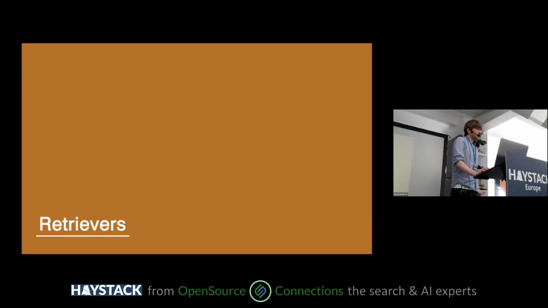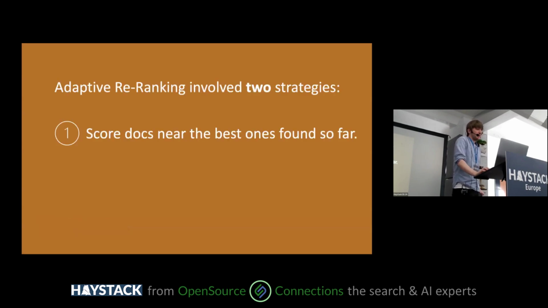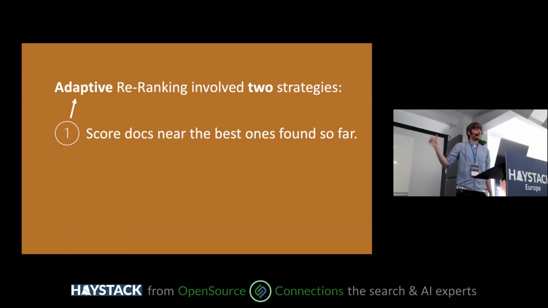Okay, let's go on to retrievers. Let's talk about retriever models. So the adaptive approach that I was talking about up to this point actually involves two strategies. We focused mostly on this first part, so scoring documents near the best ones we found so far. That's essentially the adaptive bit of adaptive re-ranking.